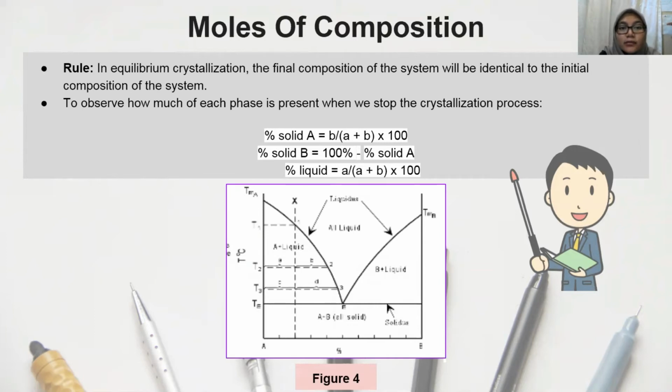To observe how much of each phase is present when we stop the crystallization process, the percentage of solid A can be calculated using B divided by A plus B times 100. The percentage of solid B is 100% minus the percentage of solid A, which we calculated earlier. And the percentage of liquid can be calculated using A divided by A plus B times 100.